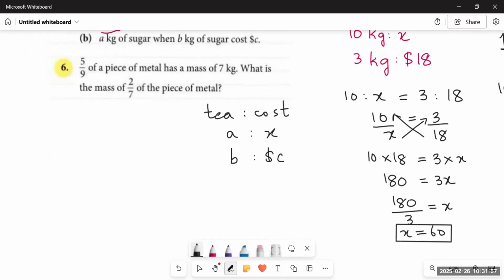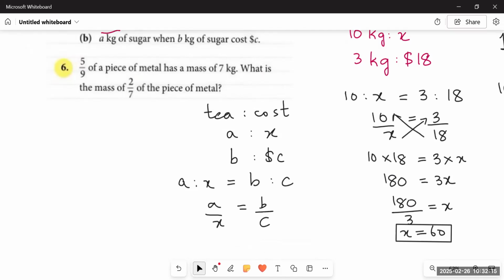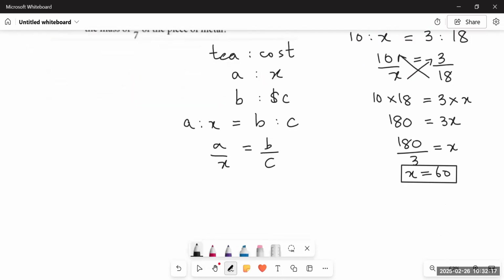Since we have to find the cost of A kg of sugar, we write A ratio X is equal to B ratio C. Then A upon X is equal to B upon C. Just keep in mind that whatever is the unknown quantity, we have to make that particular variable the subject. So we have to focus on X.